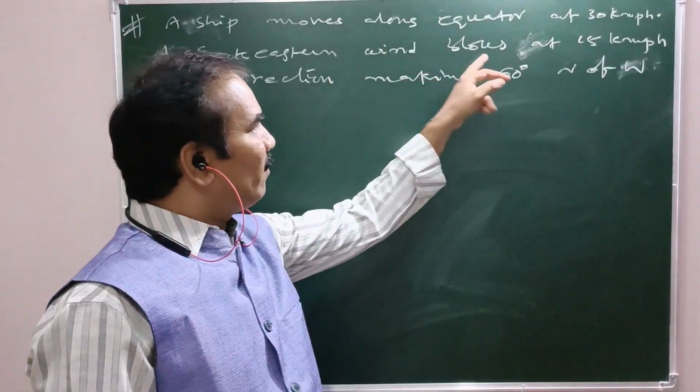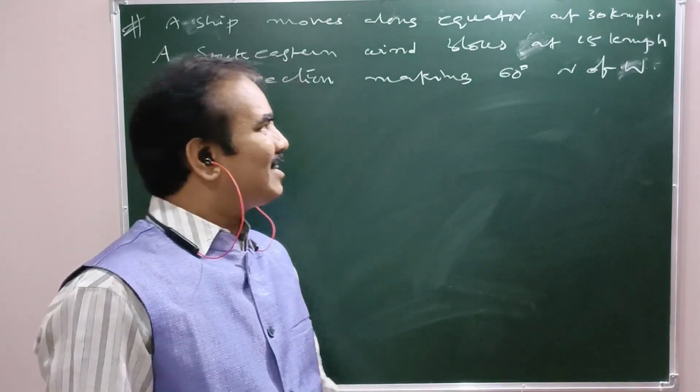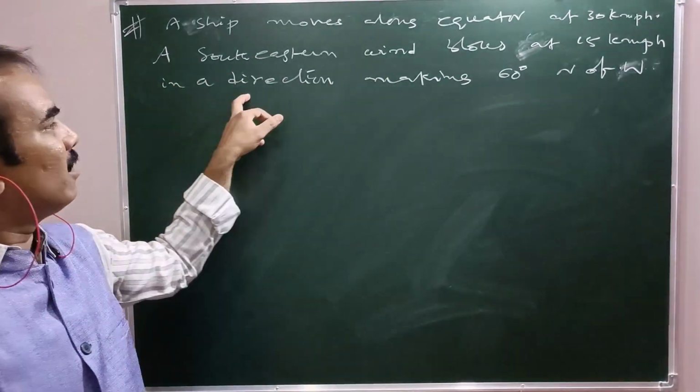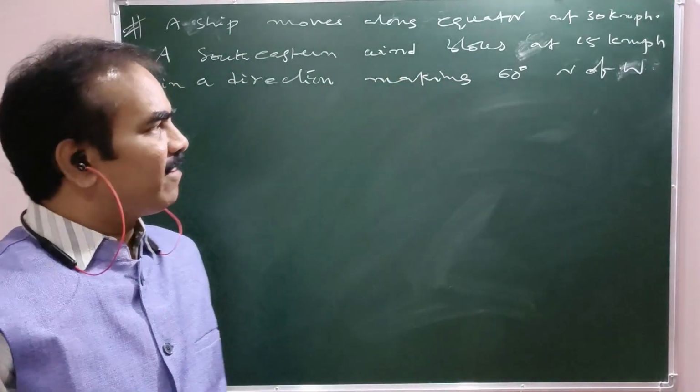What is the velocity of the wind here? That is 15 kmph. What is the direction the wind blows? In a direction making 60 degrees north of east.